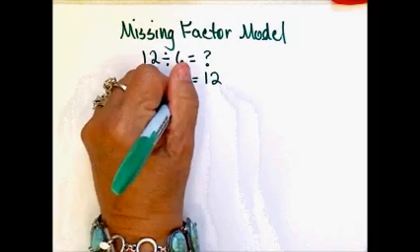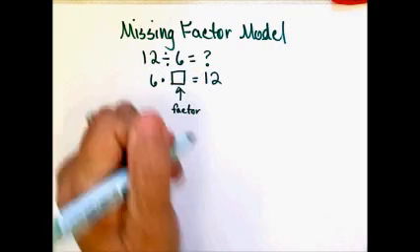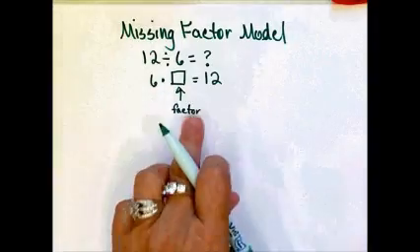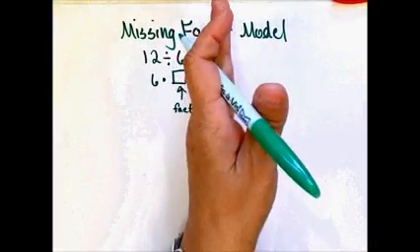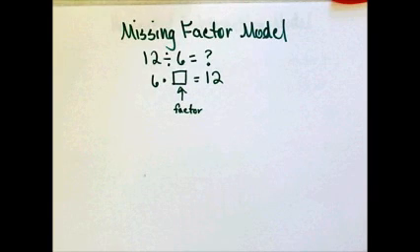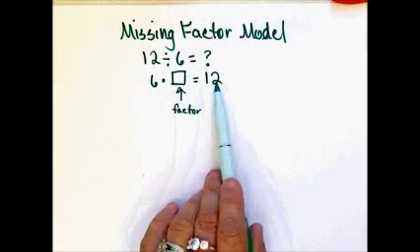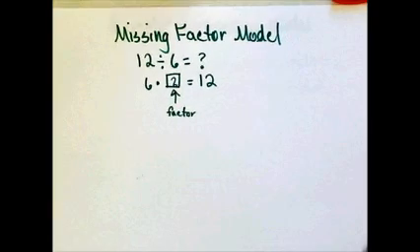So this is the missing factor, because the factors are the 2 things that you multiply together to get the answer, which is the product. Okay? So the missing factor, 6 times what number is 12? So that would be 2. So that's the missing factor.